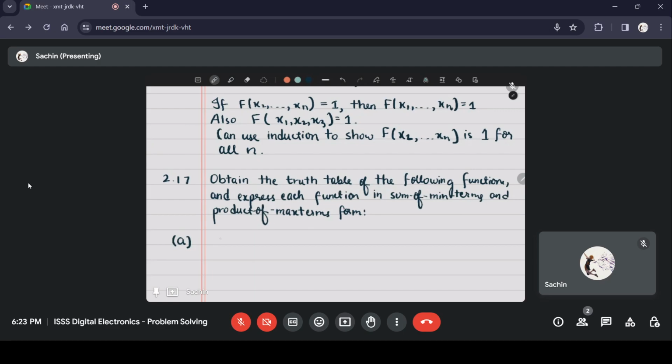Part A is b plus cd into c plus bd. Part B, the function is cd plus b prime c plus bd prime into b plus d. Part C, the function is c prime plus d to b plus c prime.